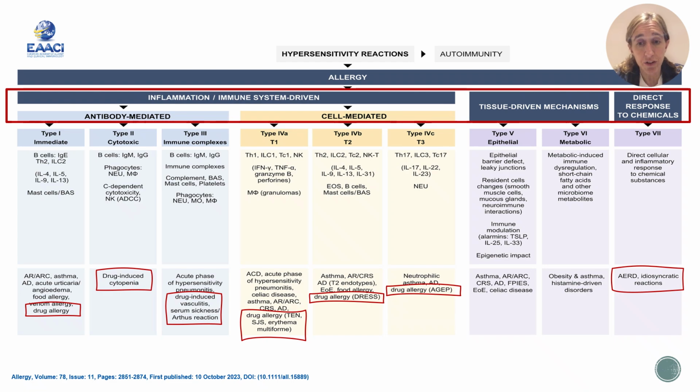We have tissue-driven mechanisms, as I have mentioned before, and also response to chemicals. We have the antibody-mediated and cell-mediated. And with this, we have up to 7 different types of hypersensitivity reactions. It's important to note that for the current lesson today, we will focus on cell-mediated.